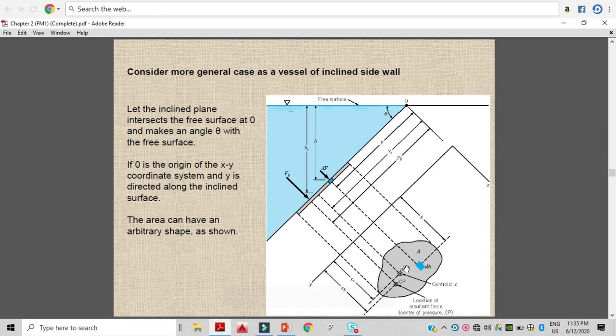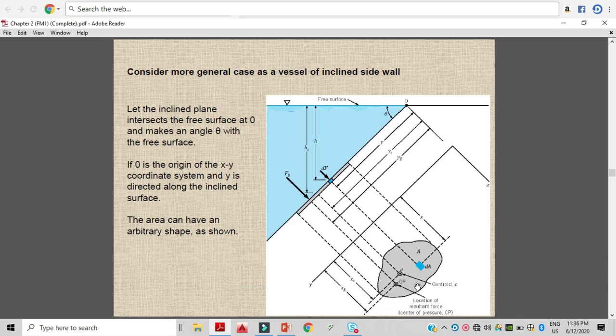Because of that, we have considered a small area which has a distance x from the x-axis and y from the y-axis as shown in the figure. And the centroid of this surface, indicated with the letter C, is at the distance xc and yc from the axes as shown in the figure.